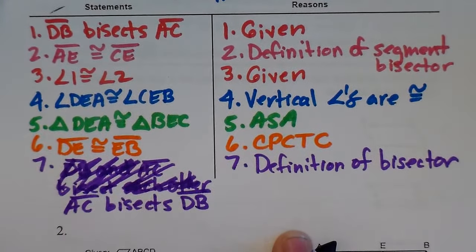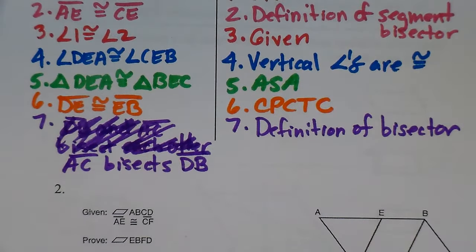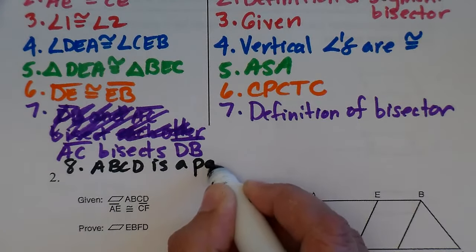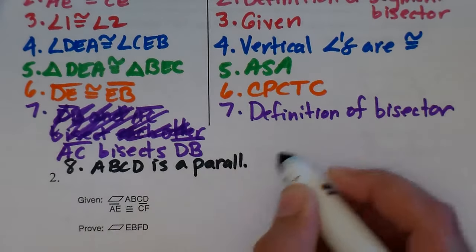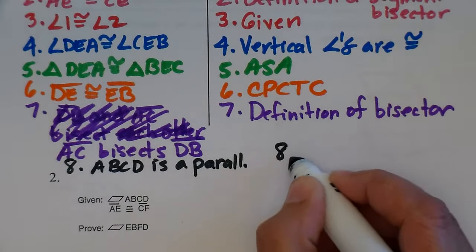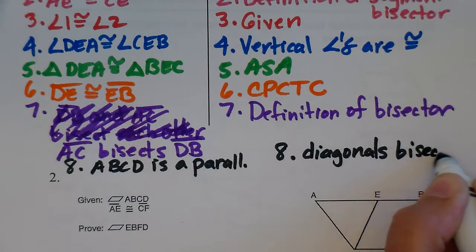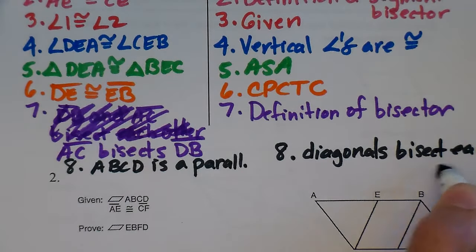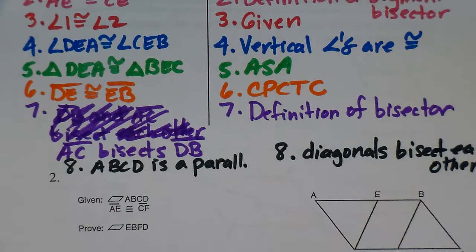Now I know that AC bisects DB. Because I know the two diagonals bisect each other, I can now close my proof and say ABCD is a parallelogram. The reason for that is the diagonals bisect each other. And I've just proven that it's a parallelogram.